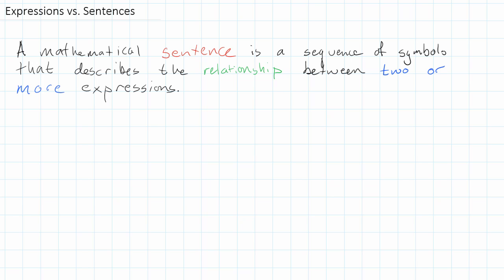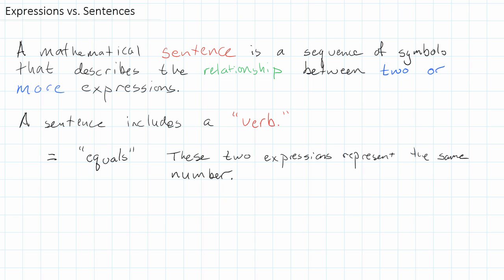would call a verb. There are several verbs we're going to be concerned with in this class, and some of the most important are the symbol equals, which tells us that the two expressions on either side represent the same number.